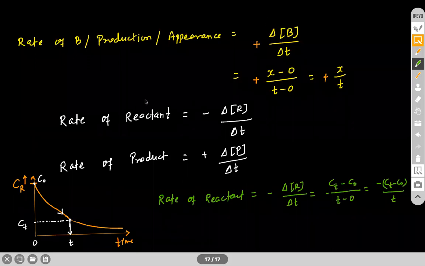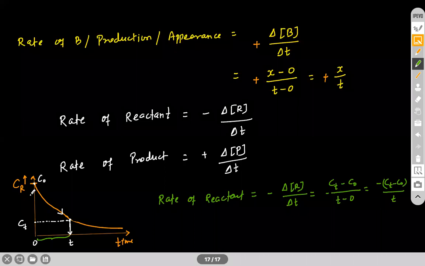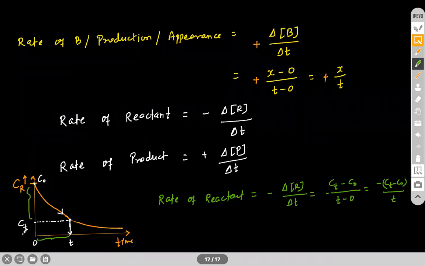Okay? No, it's not area, Vinay. It's just this difference by the time. That is what we have here. So now you see what I'm trying to make you understand. We calculate this rate over a period of time. In this range, what is the change in concentration we have?